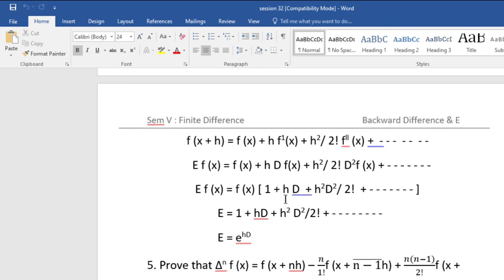So here by seeing the two sides, we can write E is equal to 1 plus hD plus h square D square divided by 2 factorial and so on. That itself we can write as E is equal to e raised to hD.